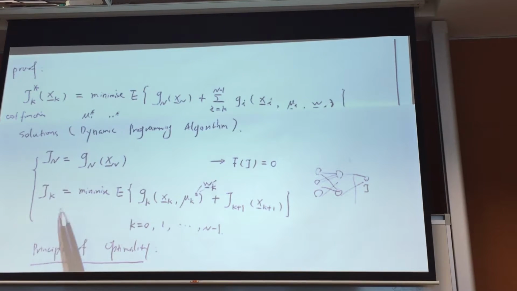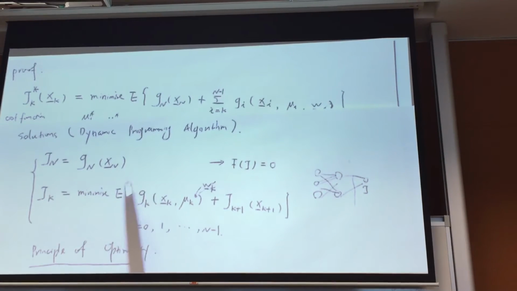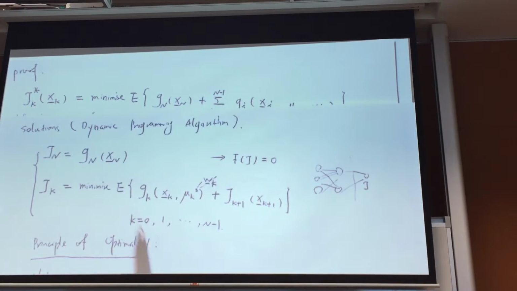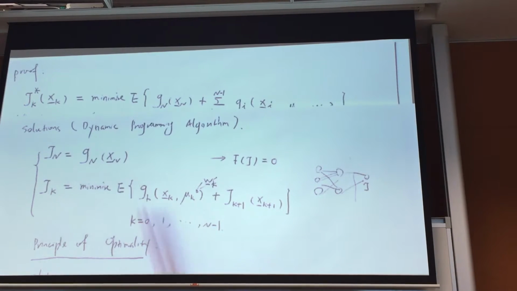And the second equation will be the iteration. In the iteration, we only need to make one step optimization. So that means we start from the final state.